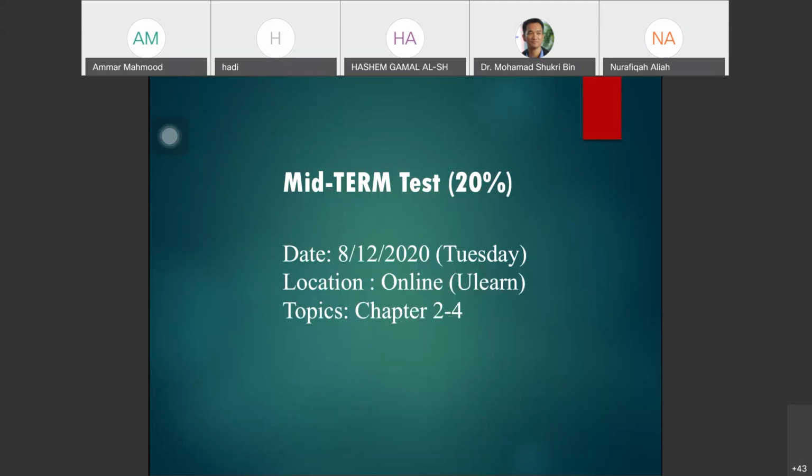After next week, we have a test on 8 December during class, 10 a.m. until 11:30 a.m. It's 1.5 hours. It covers chapter 2 until chapter 4, including chapter 3.